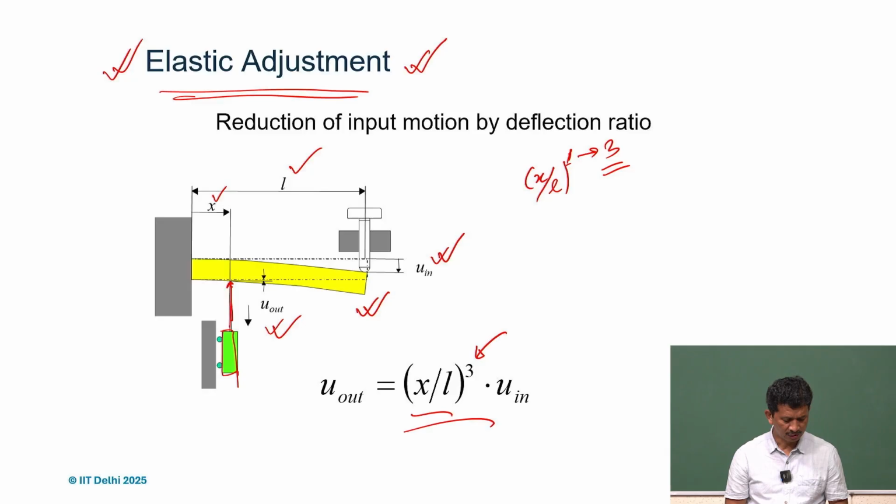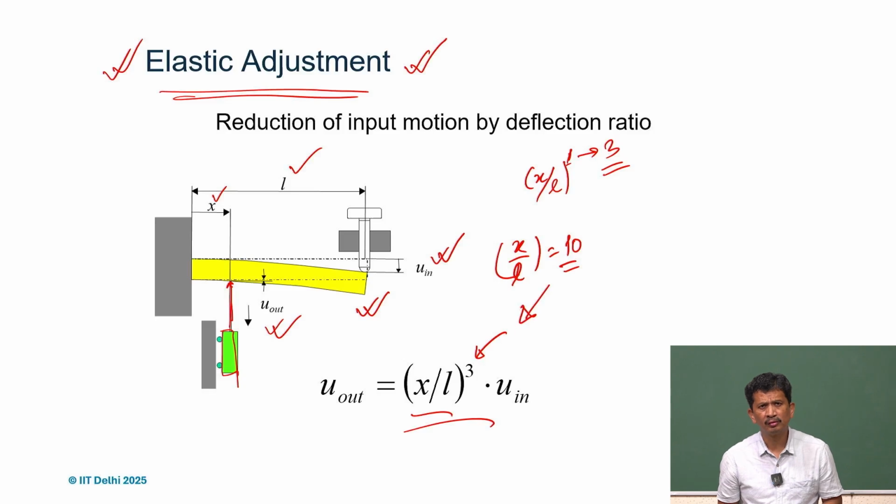Now if x by L is 10, you can imagine that it is to the power 3, so 1000 times. So we can achieve a very big ratio, and even a coarse adjustment can give a very fine adjustment if we do it in this fashion. It's a very nice example again.